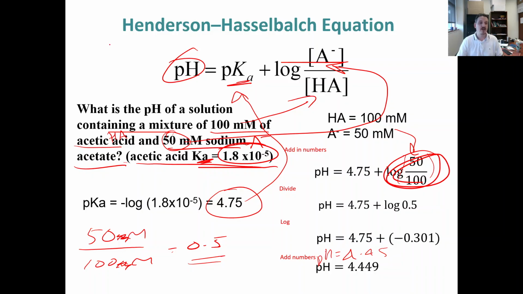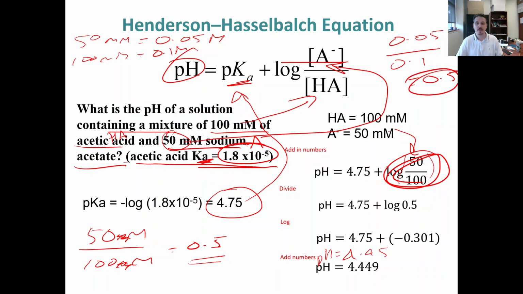If we convert 50 millimolar, that's the same as 0.05 molar, and 100 millimolar is the same as 0.1 molar, well then it's the same thing. 0.05 divided by 0.1 equals 0.5. It's the same thing.